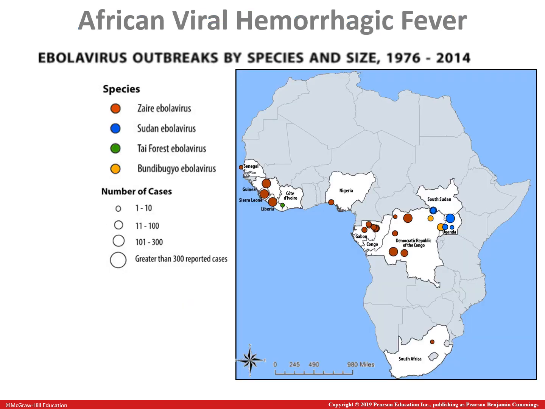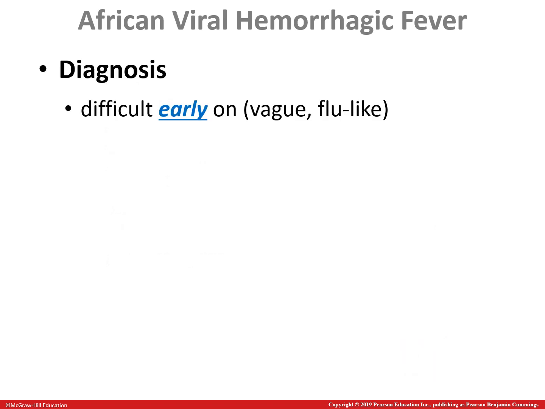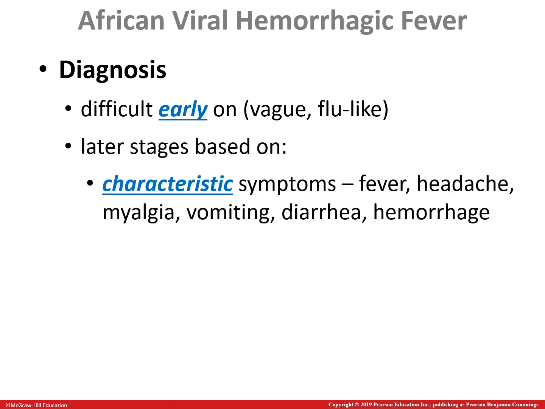So here's a general distribution of some of the historic cases. The most recent big outbreak of Ebola was in 2014. You may recall we had some travel cases that even came to the United States by way of doctors who had been over there helping to deal with that outbreak. Early diagnosis is usually fairly difficult because it's very vague and flu-like, but later stages are characteristic, which includes hemorrhaging.